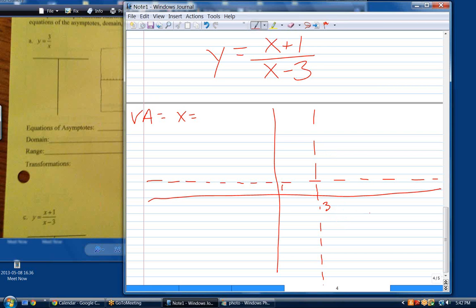I'll do just 4. So when x is equal to 4, y is equal to 5. That tells us immediately where we're at. And in fact, from that information alone, I can graph this.